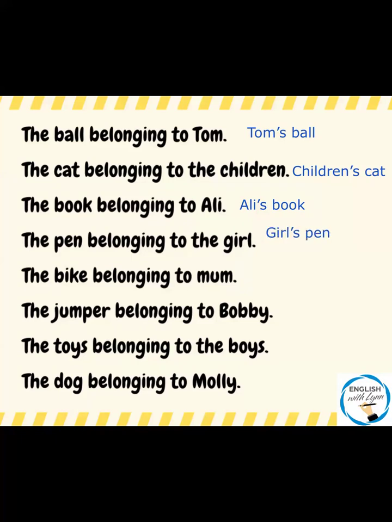If there were lots of pens and they belonged to several girls, what I would need to do is have the plural, the word girls, like that, and then I would put an apostrophe, so it belongs to lots of girls, and then the word pens after it. So the one underneath it, this one here, the girls' pens, that means that the pens belong to lots of girls. The one at the top here means that the pen belongs to one girl, okay?